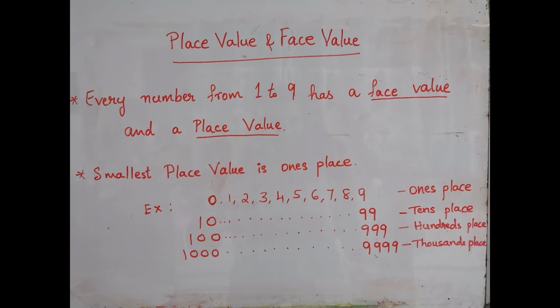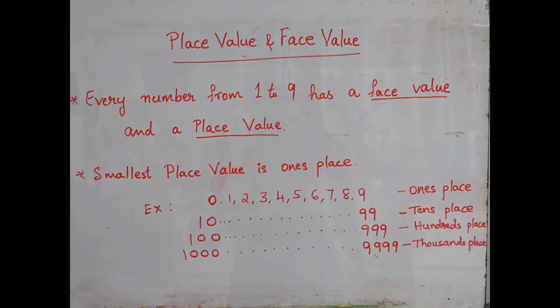Similarly, the process will continue. If you add 1 to 99, it becomes 100. So 100 is the smallest three digit number and 999 is the greatest three digit number. If you add 1 to 999, it becomes 1000.